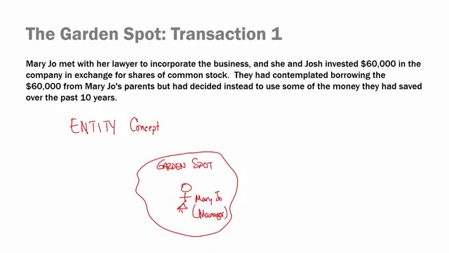But she also has another affiliation with the company. She and her husband Josh are the investors or owners. They gave the company $60,000 in cash, and they received stock of $60,000.